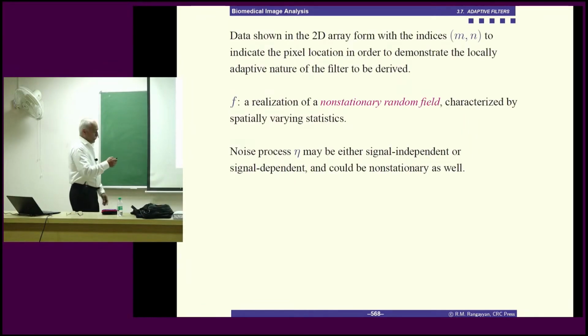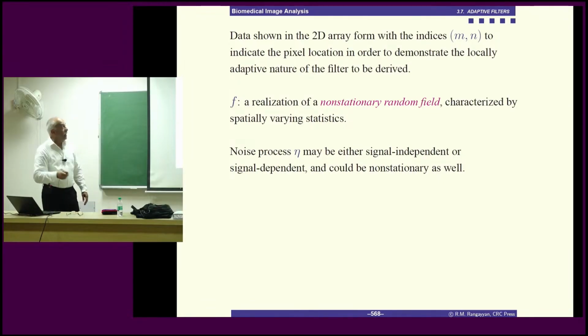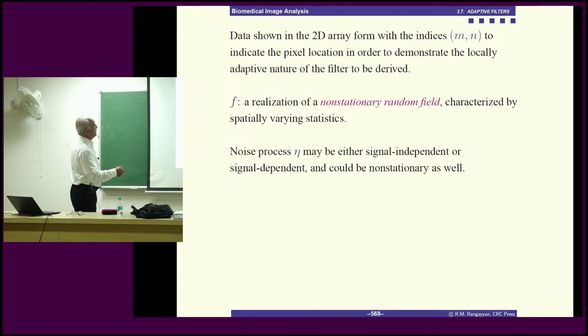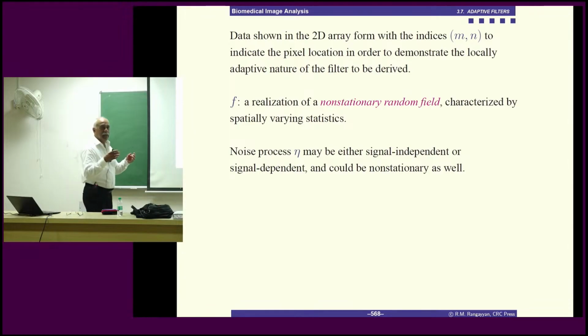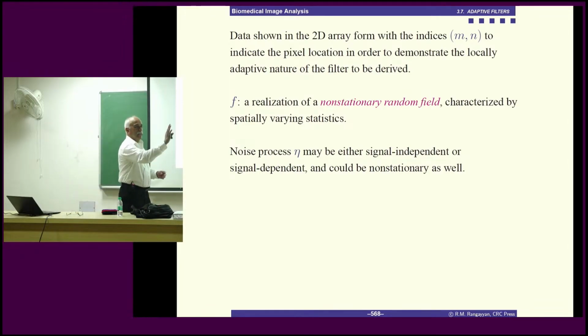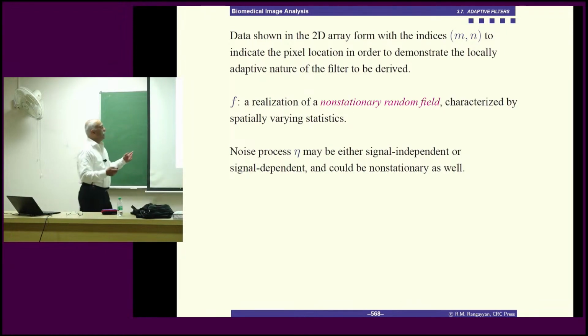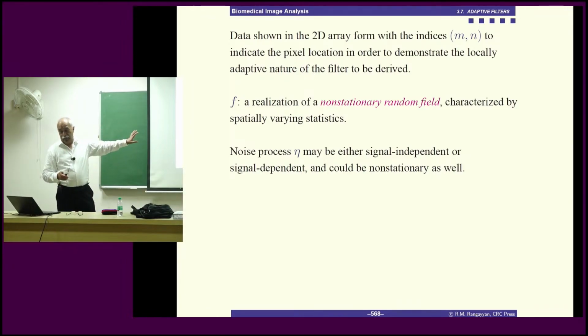So the data will be shown in this format to indicate the pixel position where you are putting the filter, and the filter depends on that. F is a realization of a non-stationary random field characterized by spatially varying statistics. Now it is generalizing. The filter can adapt to an image with different characteristics over space. So no frequency domain then. The noise process eta may be either signal independent or signal dependent, and non-stationary, don't care. It doesn't make any assumptions about that.